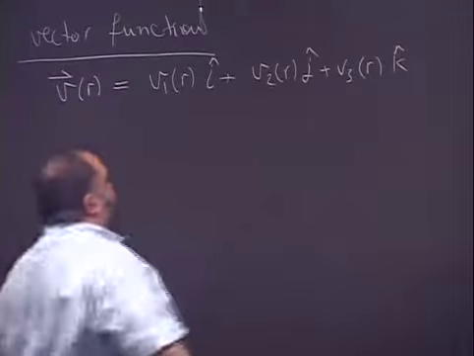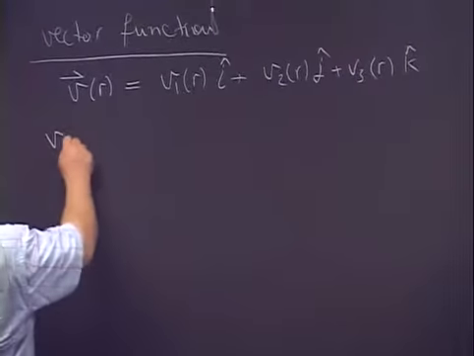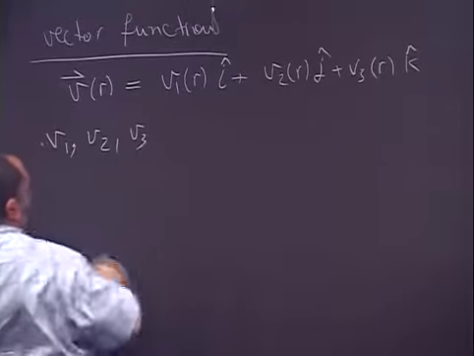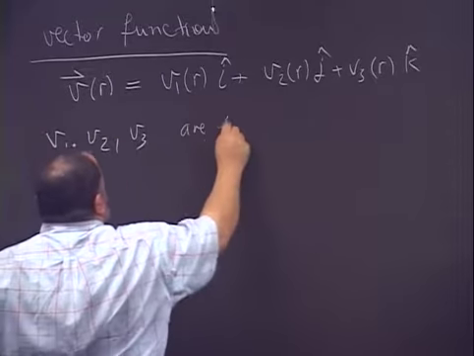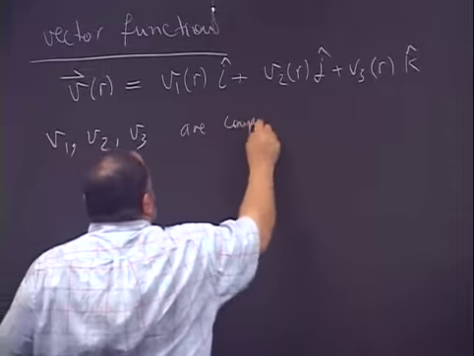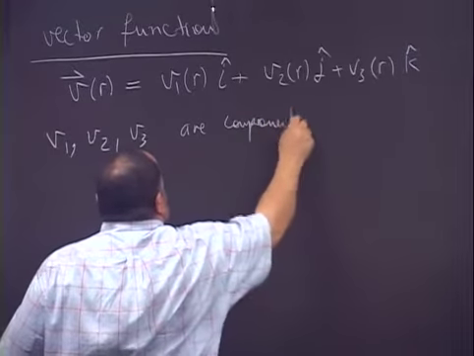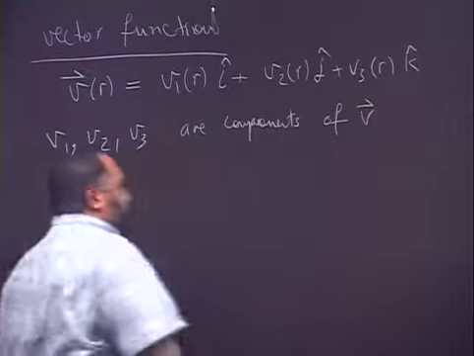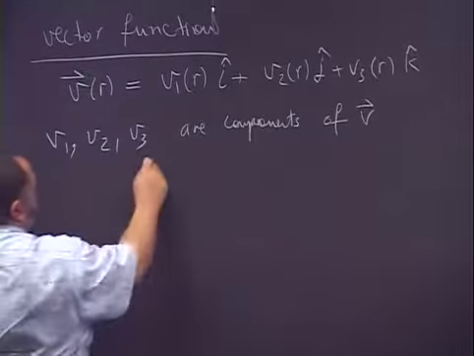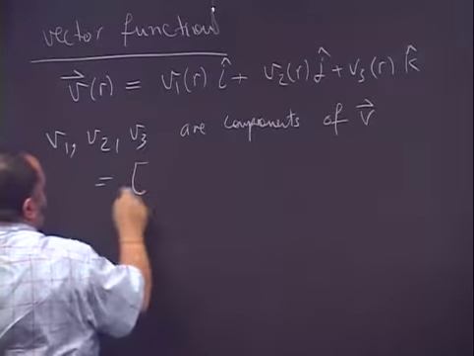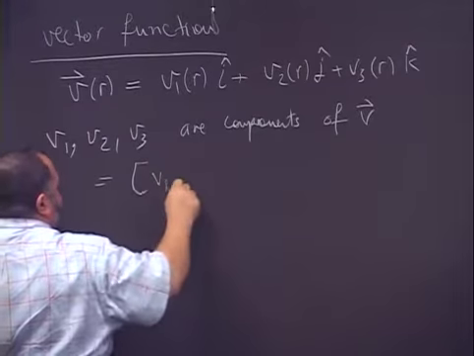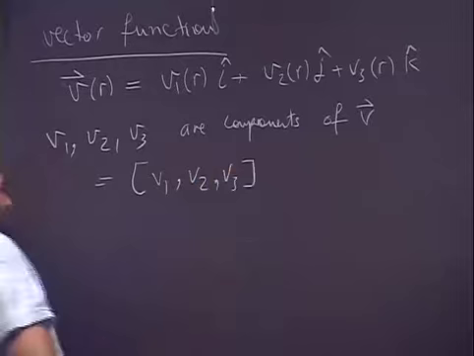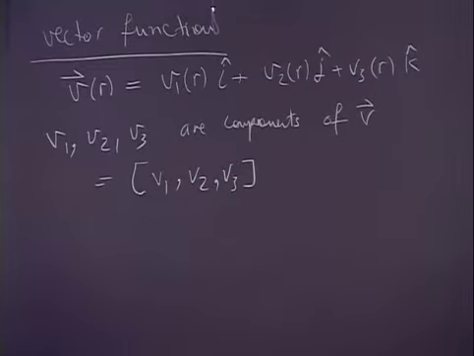So what are v1, v2, v3? They are the components of the vector v. And usually, as we stated before, we can write those as v1, v2, v3 in a component form like this.